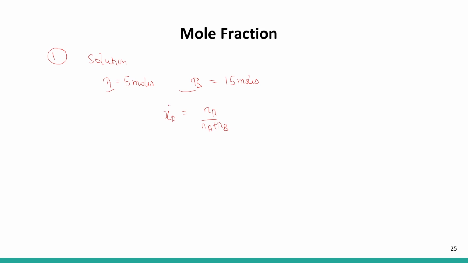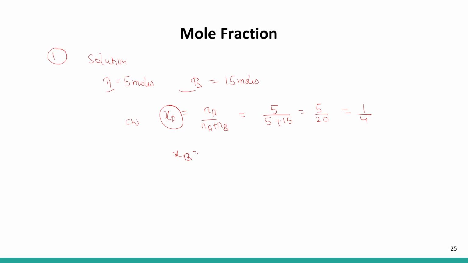This is the important thing you have to notice: it is particularly chi A. Chi is just a Greek letter. Chi A equals Na by Na plus Nb. What is the number of moles of A? It is 5. And the total number of moles will be Na plus Nb, that is 5 plus 15. So 5 by 20, which is 1 by 4.